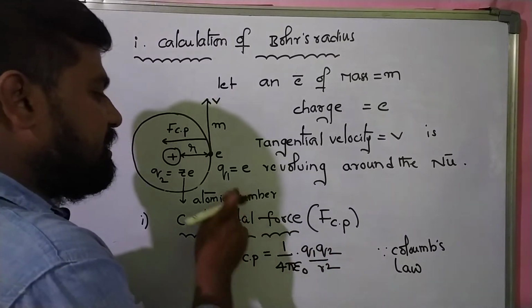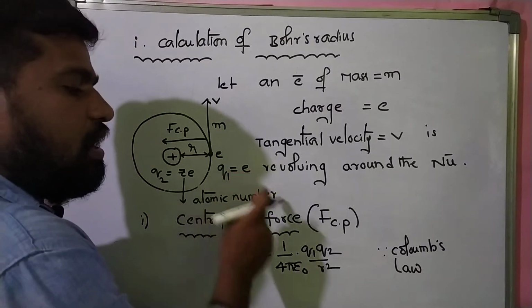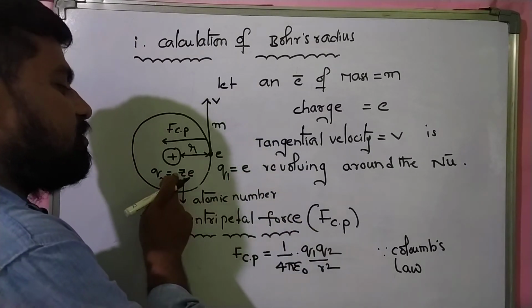Here Q1 is nothing but the charge of the electron and Q2 is nothing but the charge of the nucleus.